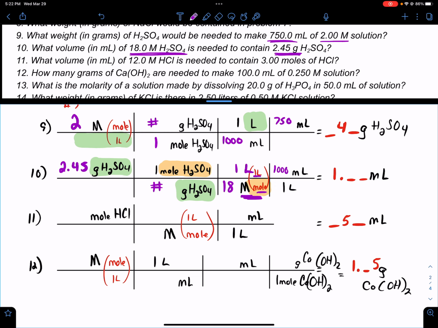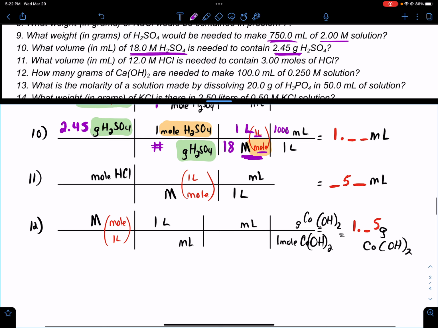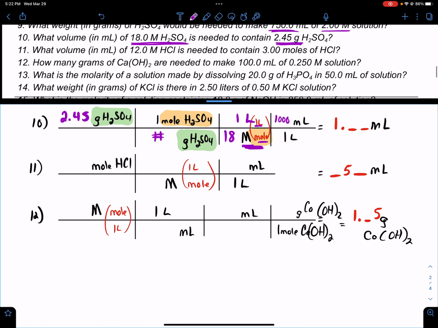We have number 11. Number 11 is set up. It's actually a little bit easier than number 10, because on number 10 we had to change from the mass to the number of moles. But on number 11, you can see they give you the number of moles. So you would just start out with your 3 moles.